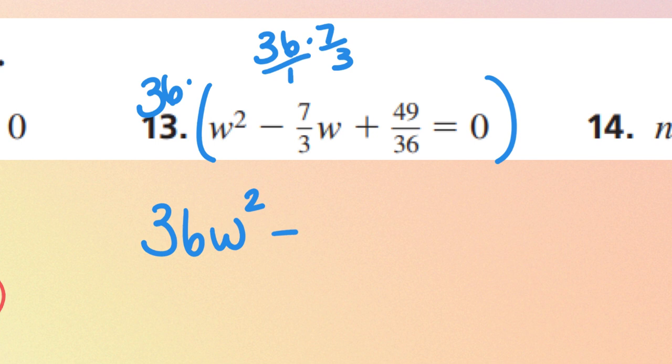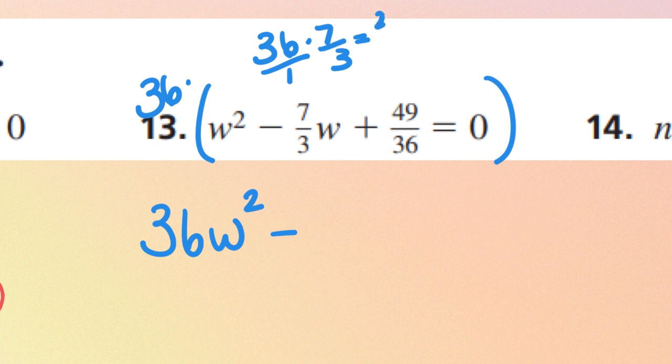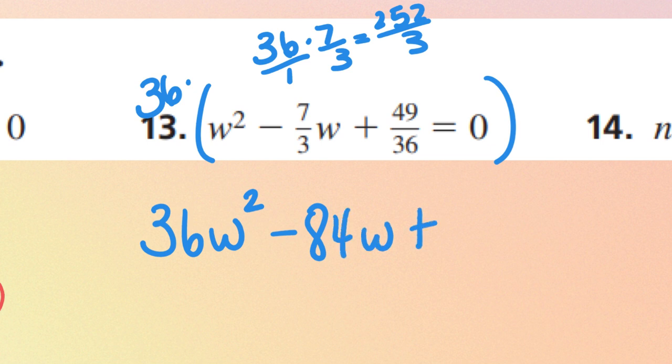I know that this is going to give me 36 times 7, 252 divided by 3 gives me 84w plus, this cancels out with this, plus 49 equals 0.